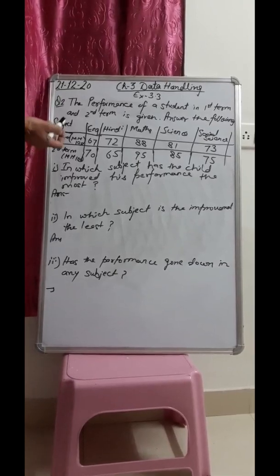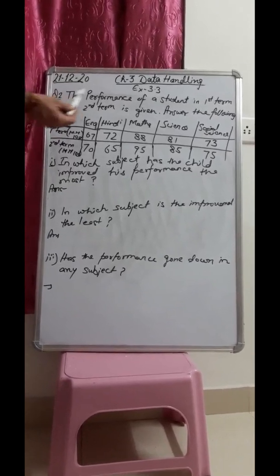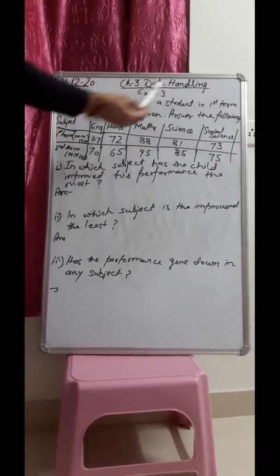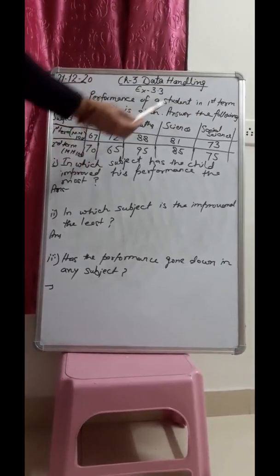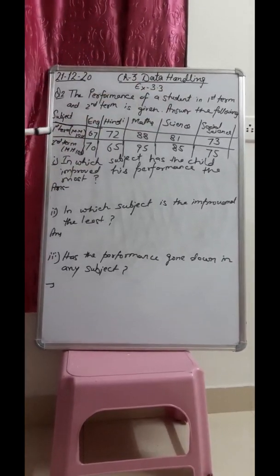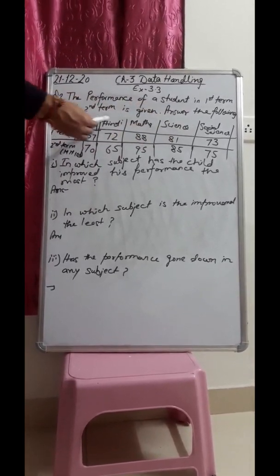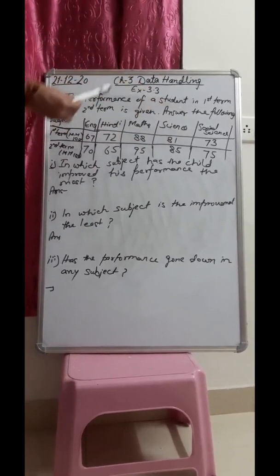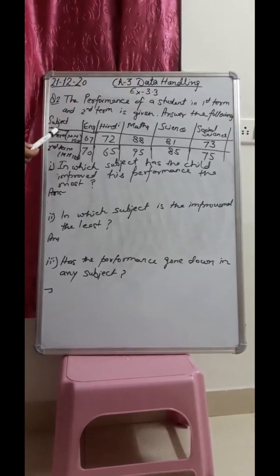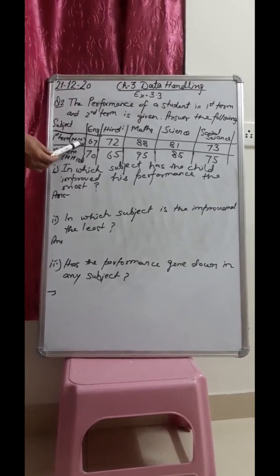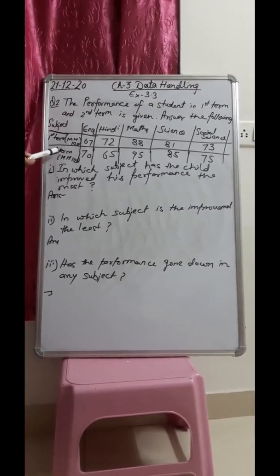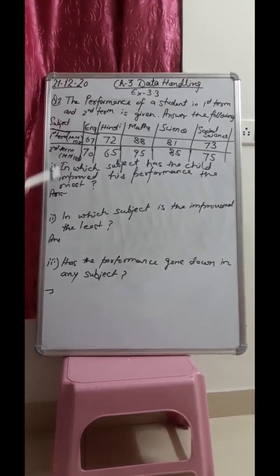So now students, question number 2 is, the performance of a student in first term and second term is given. Answer the following. So here in this table we have been given the name of the subjects and the performance of a student in first term and second term, that is maximum marks is 100 in first term also and maximum marks is 100 in second term also.